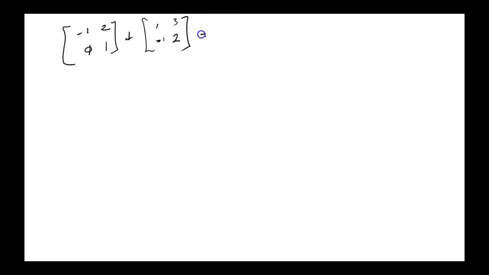Okay? 2 by 2 plus 2 by 2, yes, same size, so you can add, and you add the entries. Negative 1 plus 1 is 0. 2 plus 3 is 5. 0 plus negative 1 is negative 1, and 1 plus 2 is 3. 0, 5, negative 1, 3.